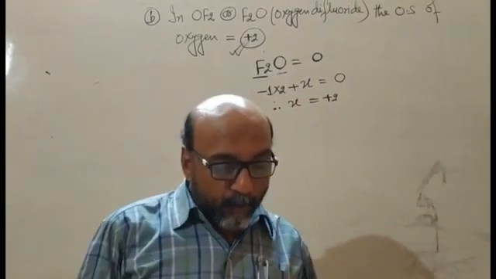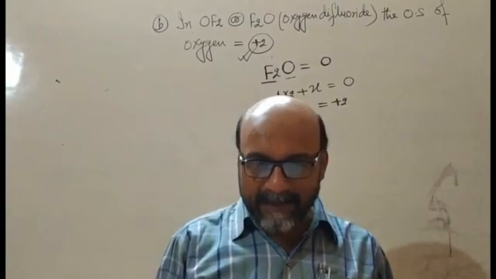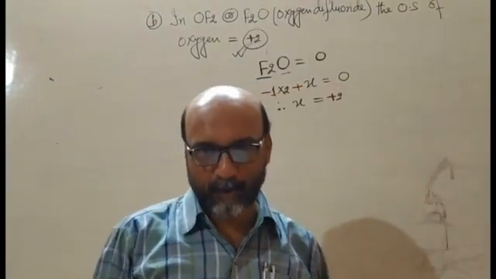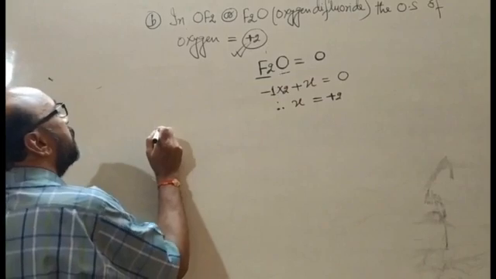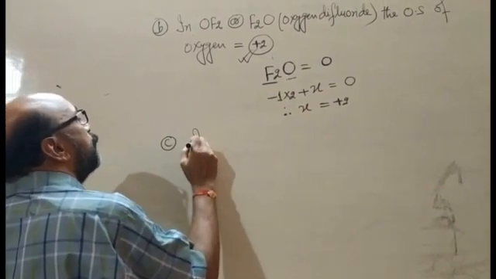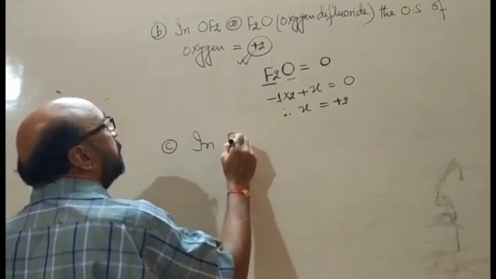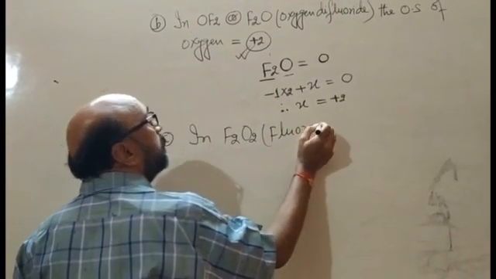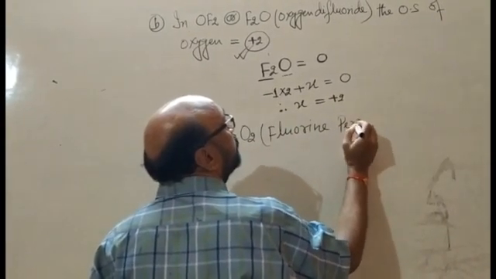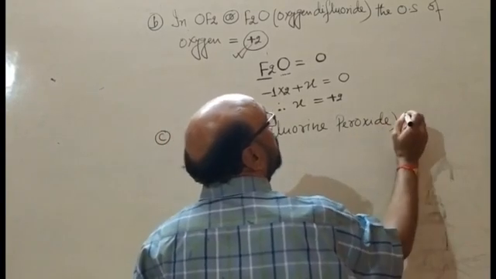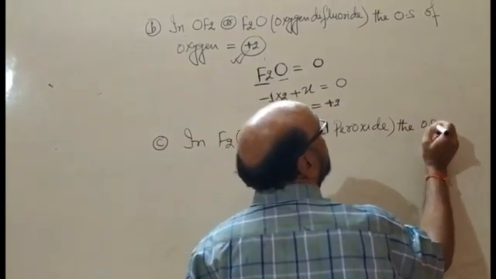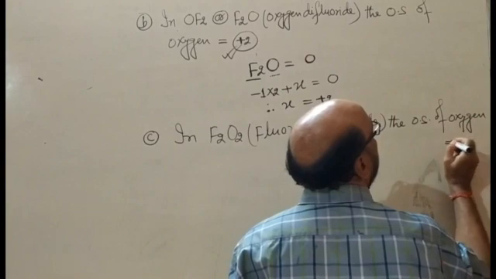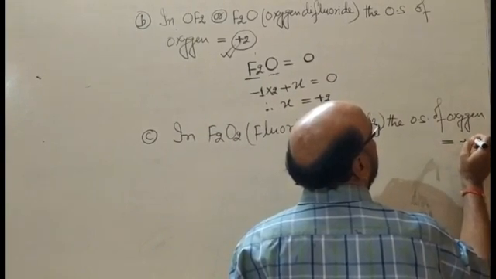Now, due to fluorine, there is another exception of the oxidation state of oxygen. Fluorine may combine with oxygen to form fluorine peroxide, F2O2. This is called fluorine peroxide. The oxidation state of oxygen is equal to plus 1.